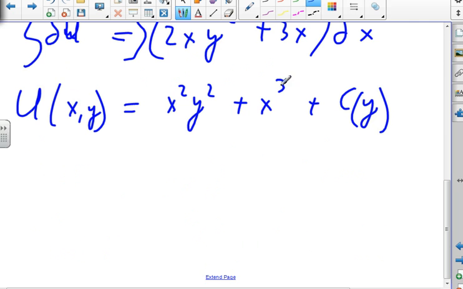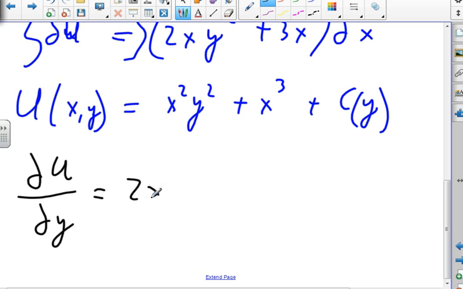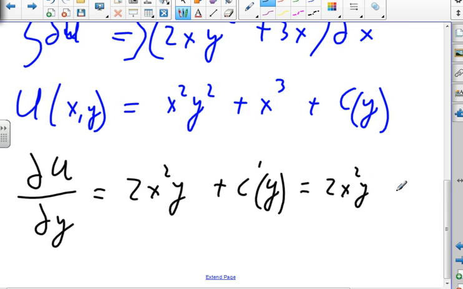Okay, and then I'm going to take the partial of u with respect to y. 2x squared y plus the derivative of the constant. And that has to equal the other part of the equation, which is 2x squared y plus 4y cubed.